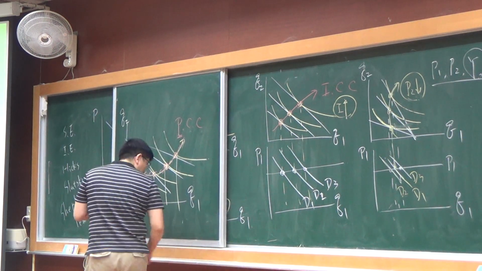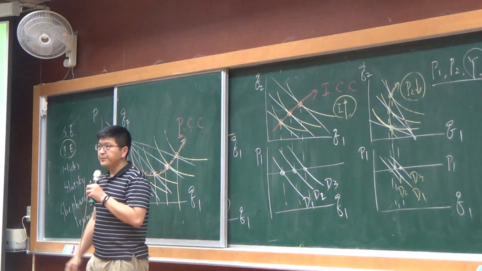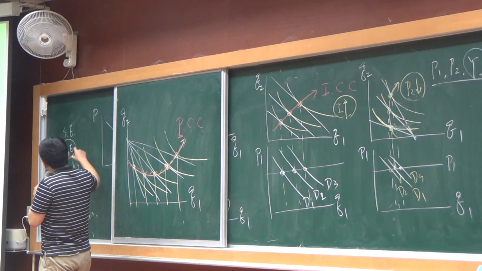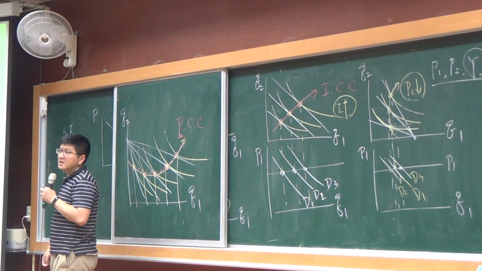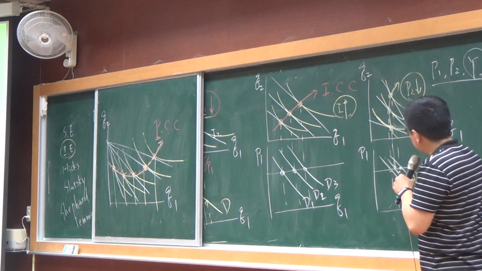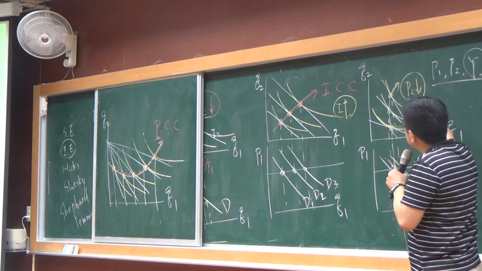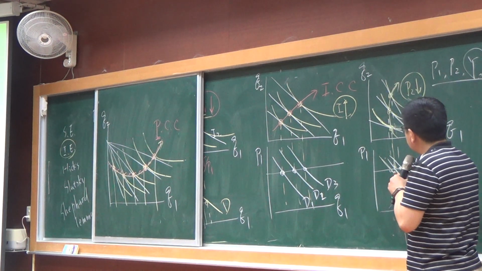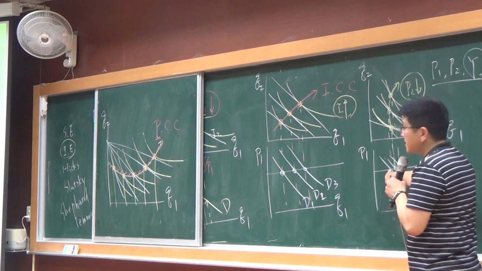Next week, I will introduce something we call the income effect. We need to distinguish the substitution effect from the income effect so that you may understand why, when the price of commodity 2 decreases, sometimes the quantity demanded for Q1 is cut, sometimes it is raised.